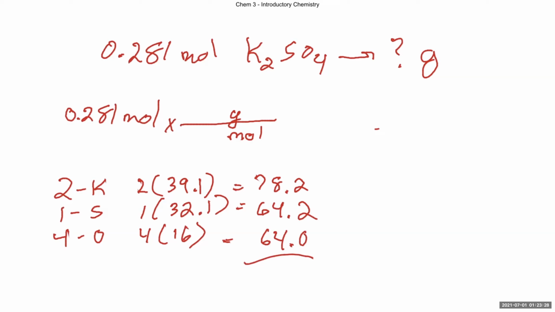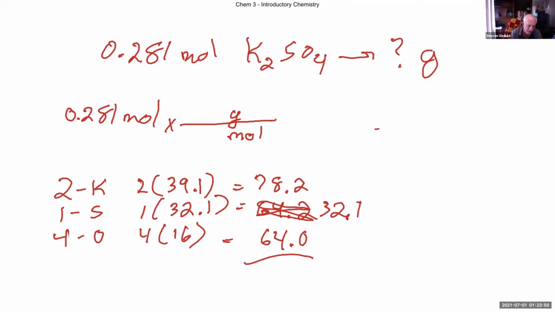Isn't it 1 times 32.1? 32. Oh, I thought that... you're right. You're right. Thank you. You're better than I am at this. 32.1. There's only one of those, 4 of those, and 2 of them.